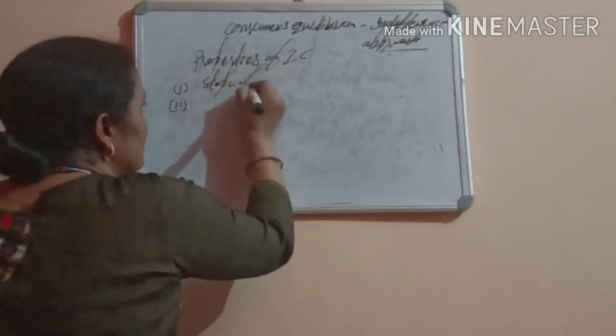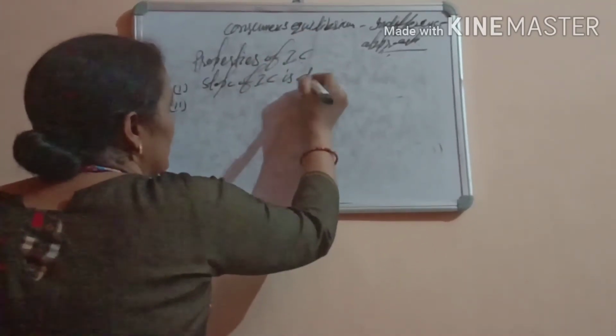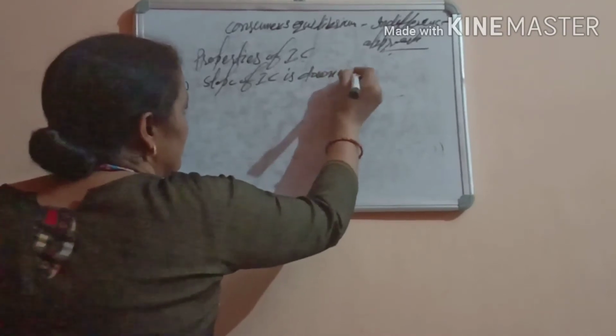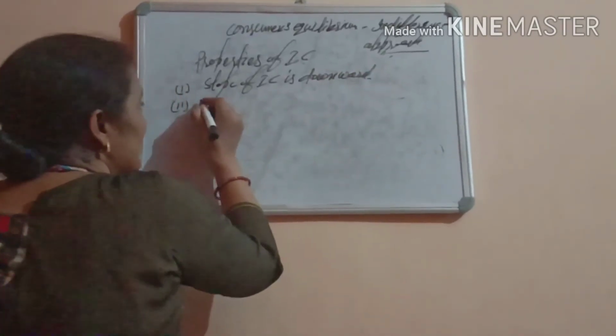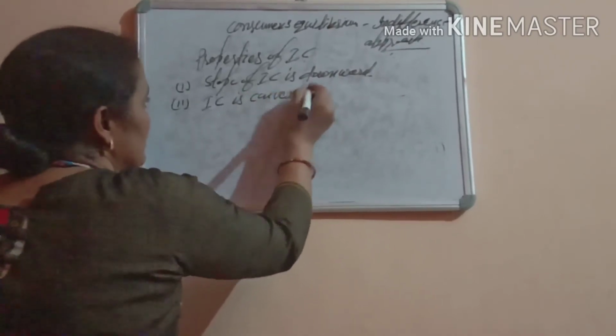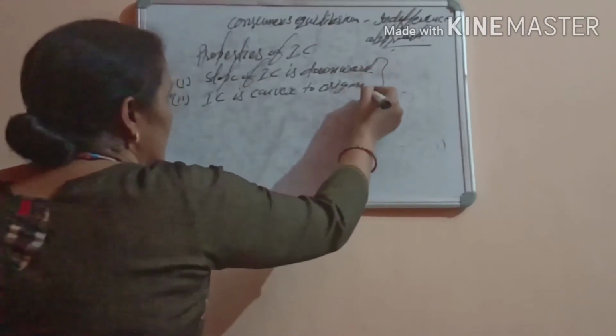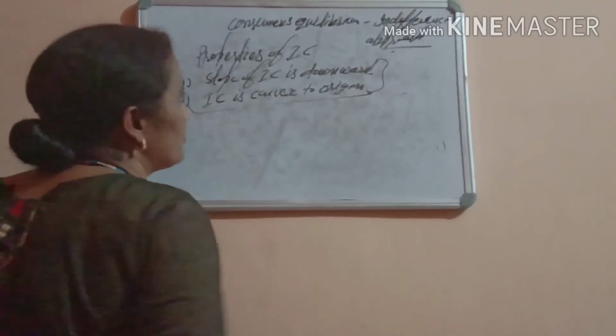Slope of IC is downward. Then second is IC is convex to the origin. We learn about the two properties of IC.